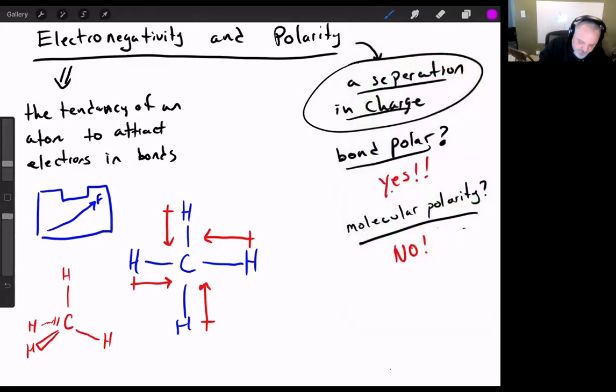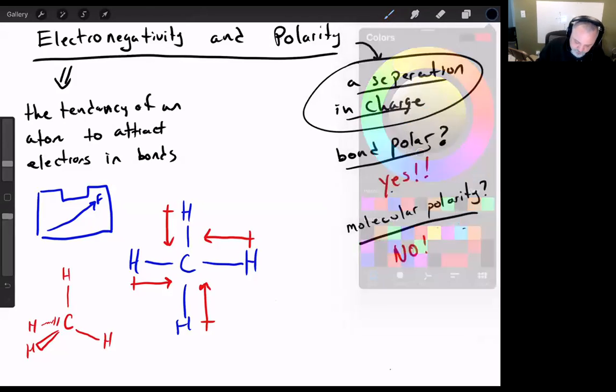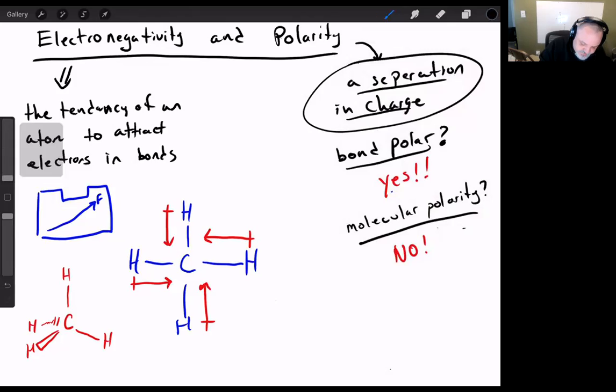If I have bond dipole arrows, they don't actually sit on the outside of the bond. They actually sit directly on the inside of the bond. So they all point towards each other and they cancel each other out.